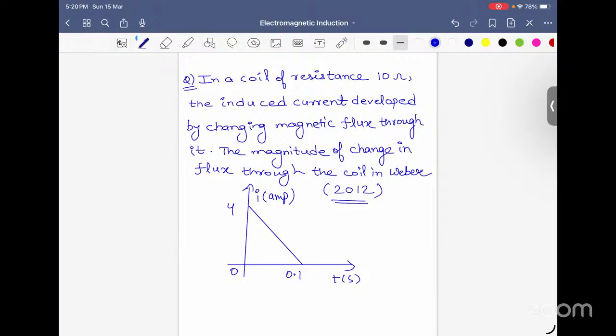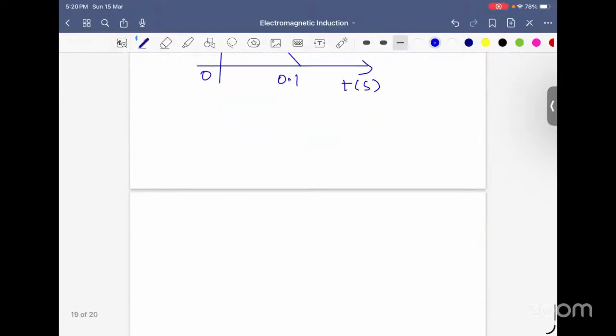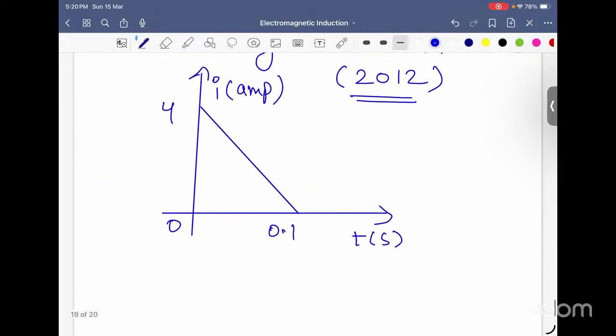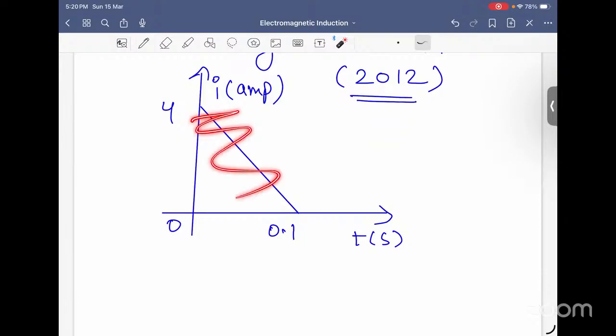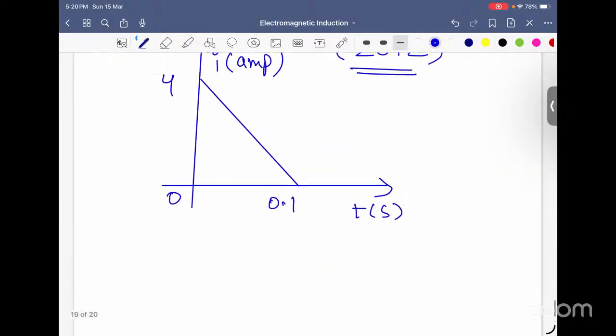Now we'll solve this question. Let's use our equation: Q is equal to del phi, the change in flux, by resistance. The graph is between current and time. We know that current is dq by dt, and if we integrate current with time, we get dq.